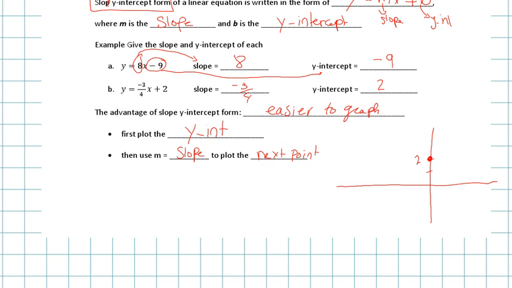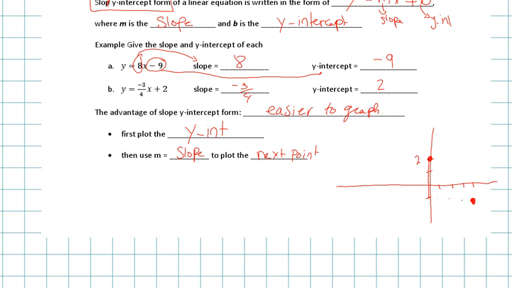That's right. So if I start from the y-intercept, I have to go down 3. 1, 2, 3. And I have to go over 4. 1, 2, 3, 4. And that would be where my next point is. And I located my second point.